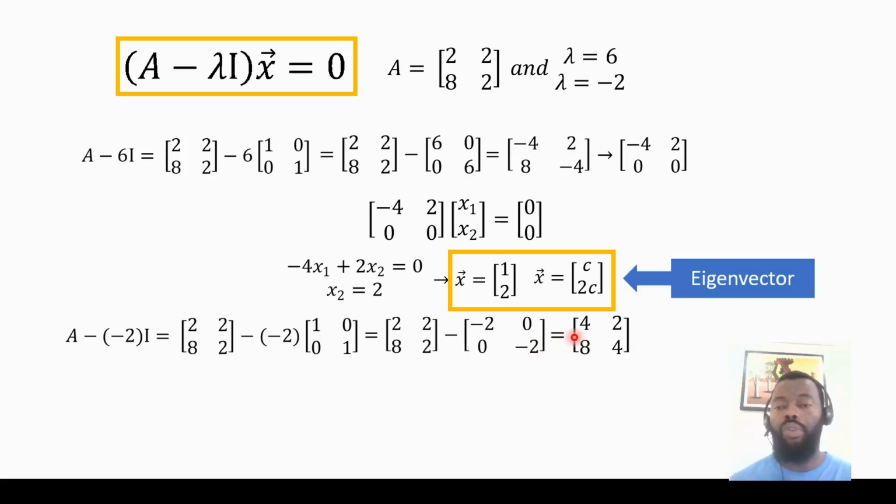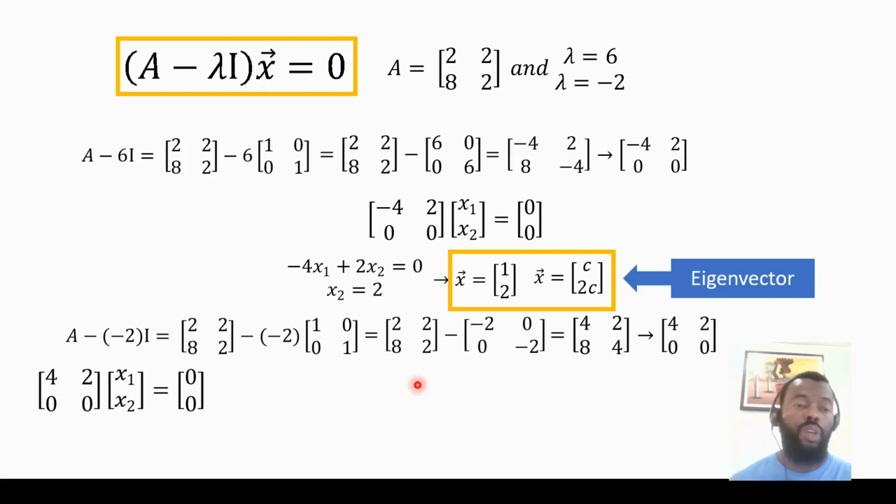So using echelon form, we will end up with this result. And now we have to remember again that what we are solving is this equation, so we need to multiply by the x vector, and we set it equal to 0. So we have here, and here we will have 0, and here we will have 4x1 plus 2x2 equal to 0.